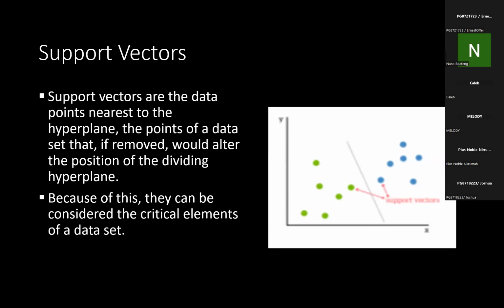These support vectors, when they are removed, can alter the position of the hyperplane. Let's say a data point that is very crucial.